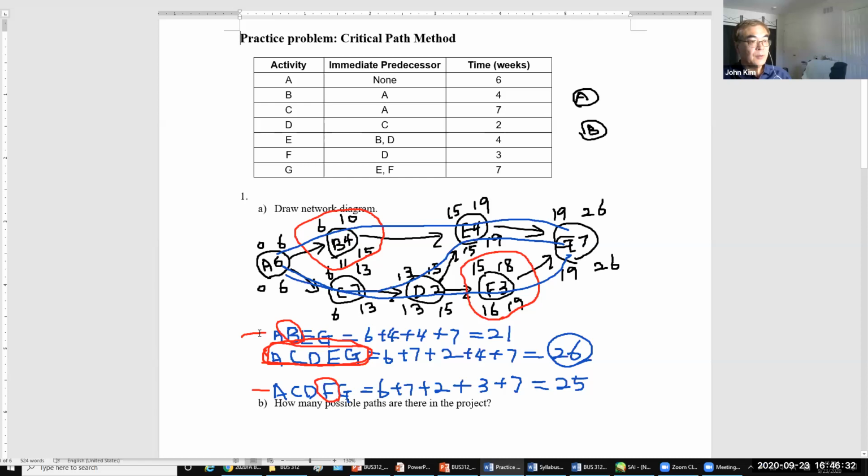Find possible paths. How many are possible paths? And then write paths like this, and then add all activity times. And then longest is critical path.